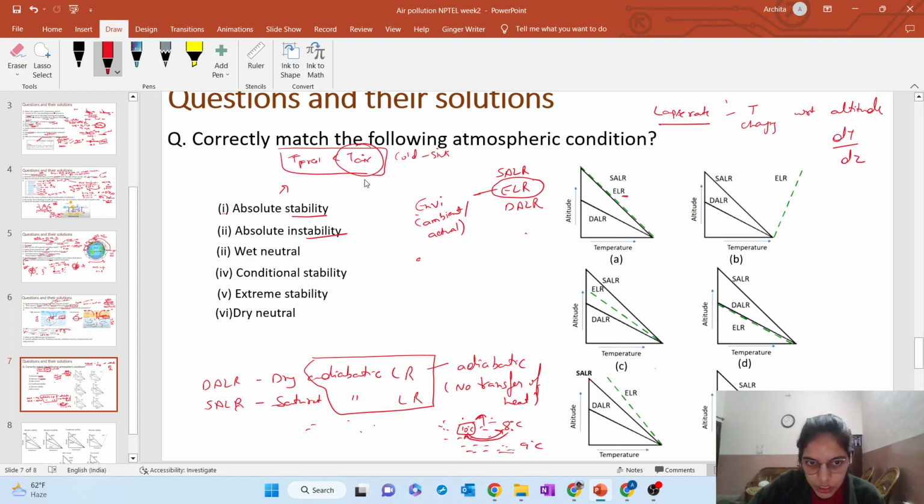In a stable condition, the temperature of the parcel should be less than the temperature of the surrounding air. It means that the air parcel is cold and it will sink.